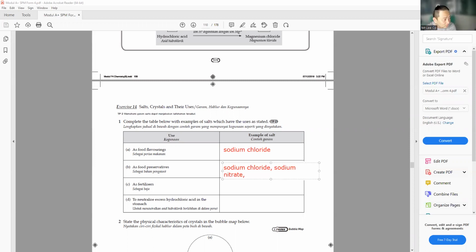Sodium chloride, sodium nitrate, many, all right? Sodium chloride, sodium nitrate, potassium nitrate. It means you want to make the food last longer, you add a bit of salt.